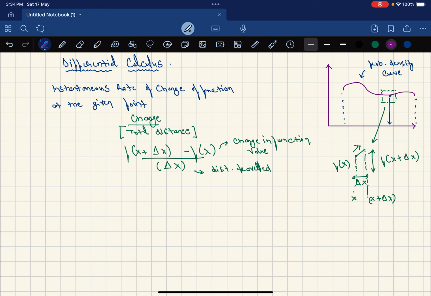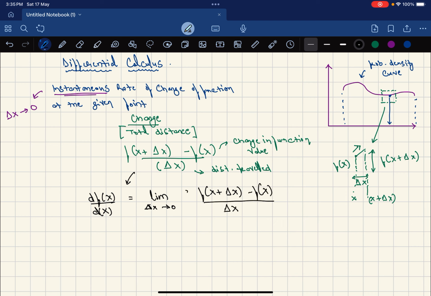Now one thing to point out here is we are looking at an instantaneous rate of change. For instantaneous rate of change, we would need delta x to be a very small value, and therefore it has to tend to almost zero, since we are looking at a point instead of a range. So since we are calculating the derivative, we can write it as df(x) upon dx, and this can be written as limit delta x tending to 0 of f of x plus delta x minus f of x upon delta x.